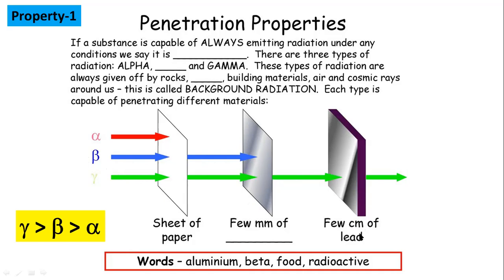And of course, the lead is also allowing the gamma radiation to pass through it, and you need some other material which is going to stop these radiations.